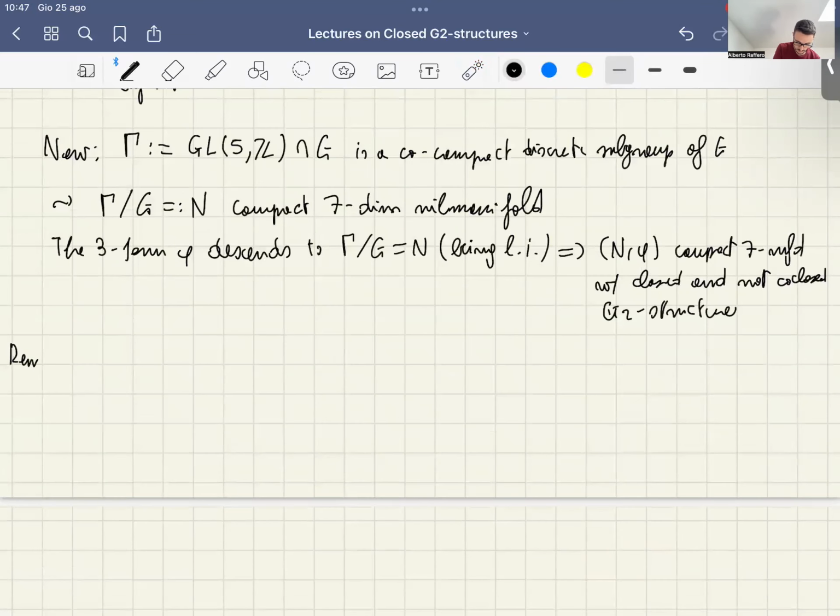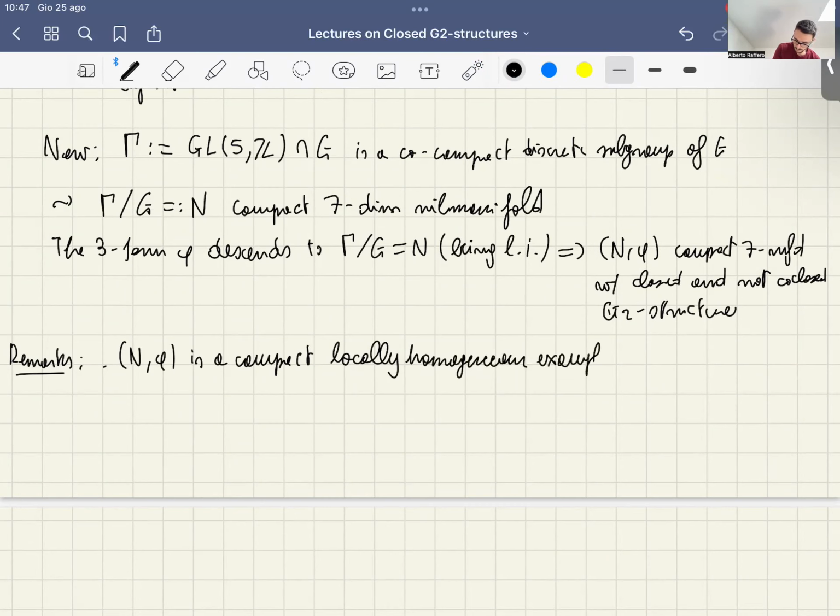And let me make some remarks on this. So first of all, we have that N is a compact, locally homogeneous example. In fact, we took the quotient G over gamma with gamma acting on the left.